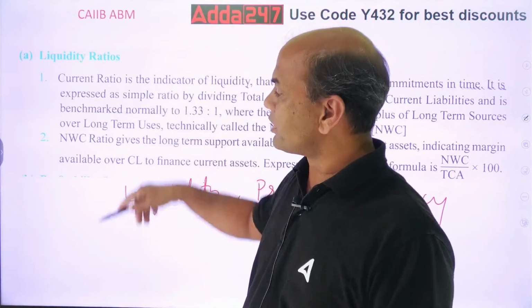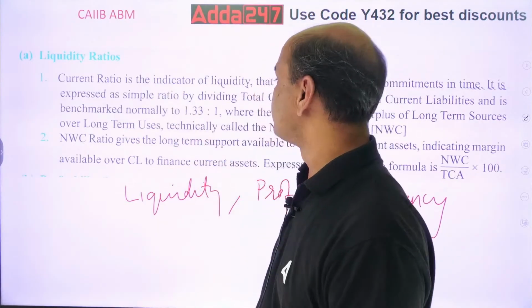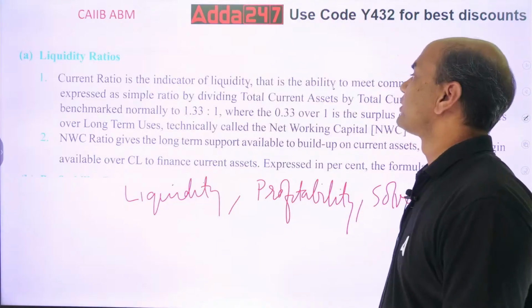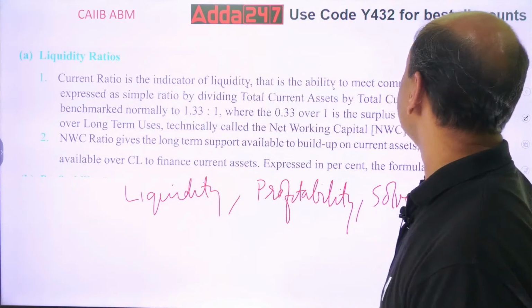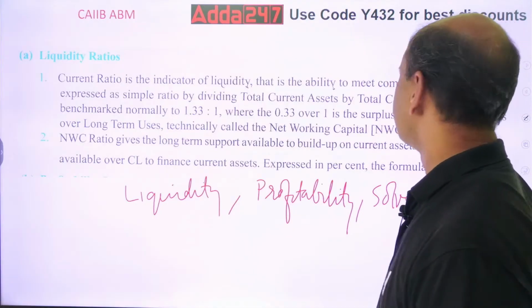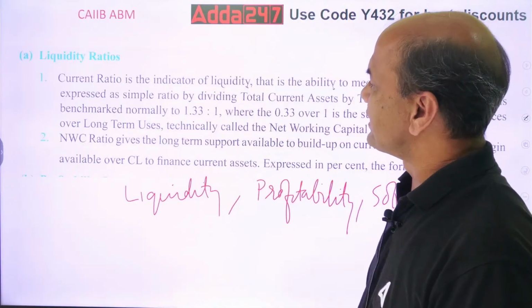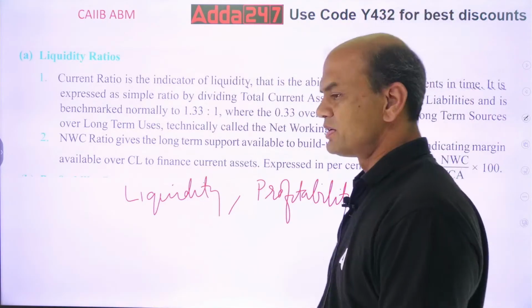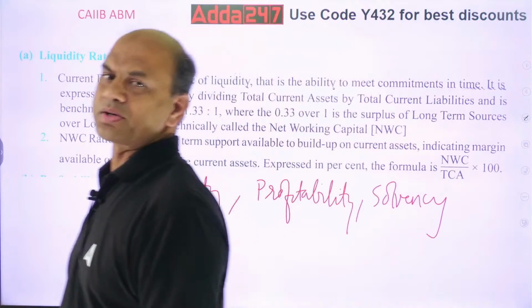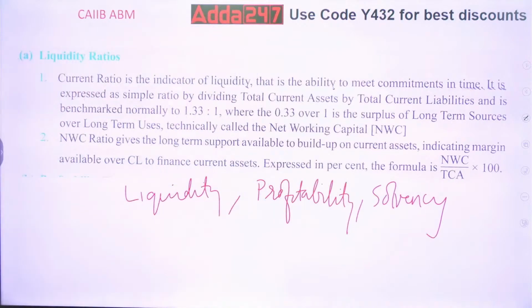Which are the two important ratios? One is the current ratio. It is an indicator of liquidity available, that is, the ability to meet commitments in time. It is expressed as a simple ratio by dividing the current assets by the current liabilities. So the current ratio is an important ratio in terms of liquidity.